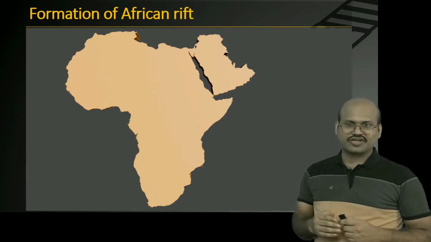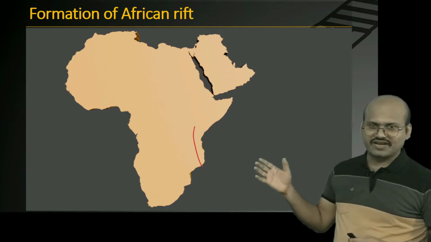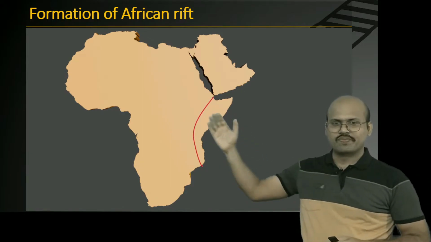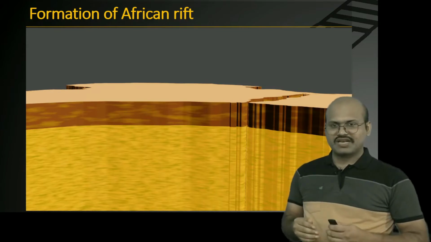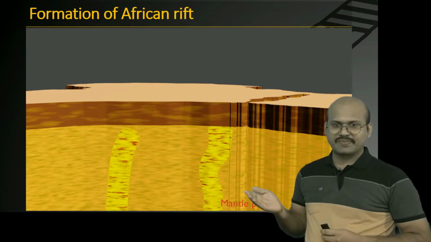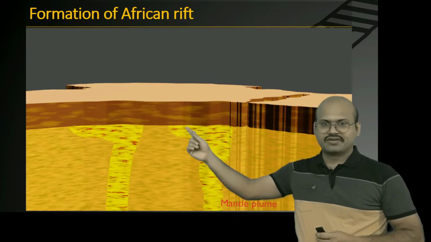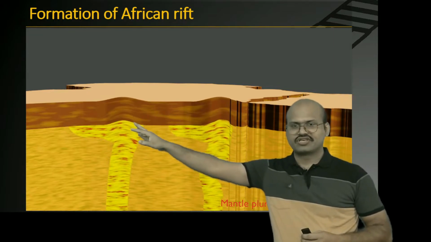Now let's try to understand the formation of the African Rift Valley. We already know that the Rift Valley divides the African plate into two parts. We believe that there exist two hotspots beneath the African plate, and the magma from the mantle plume rises up and collects under the lithosphere, both here and here.